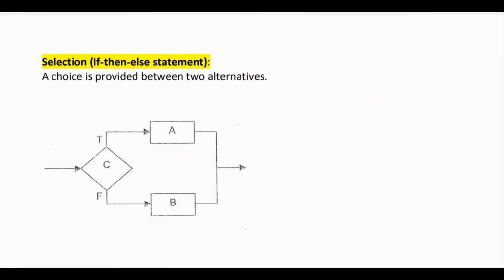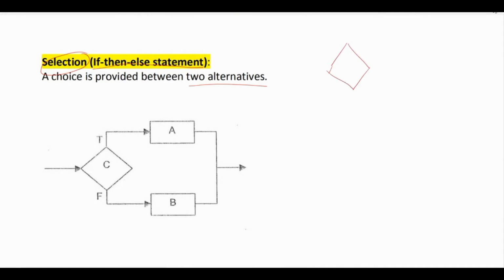This time, let's discuss the flowchart symbol diamond that allows us to make choices in our flowchart. Now we call this construct a selection or if-then-else statement, and it's a choice provided between two alternatives. Last time I discussed the diamond flowchart symbol, which is the decision symbol.